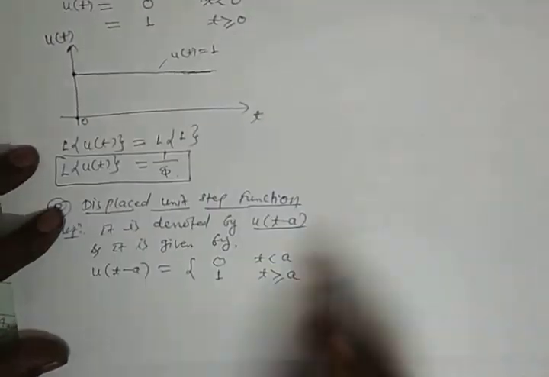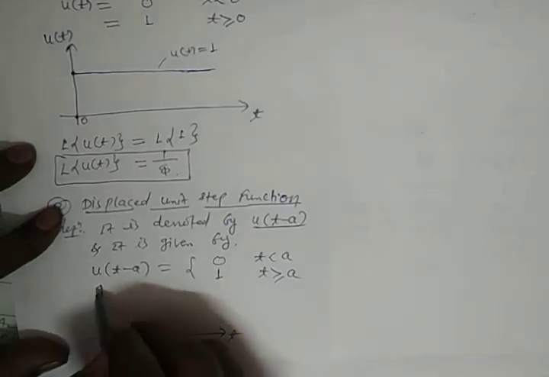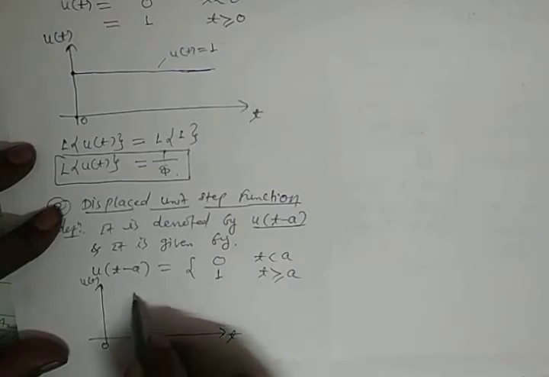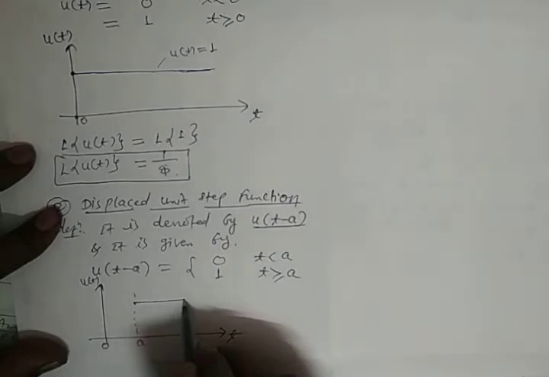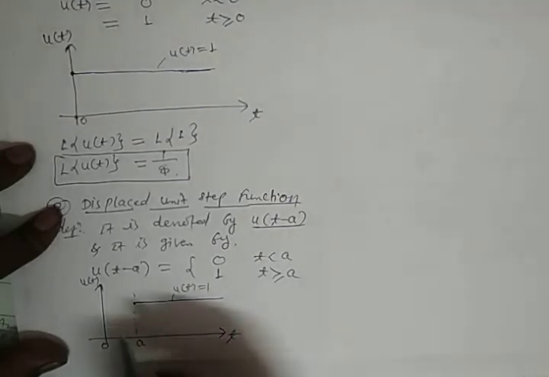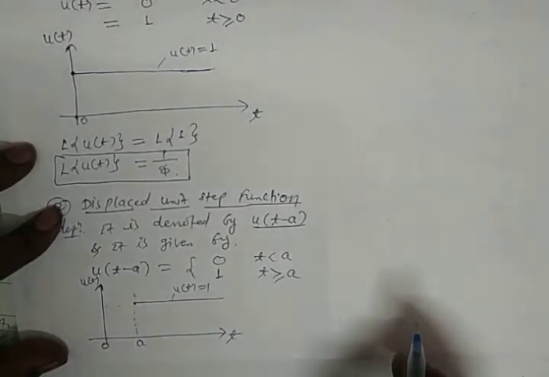In the graph you will understand clearly. This is t and this is u of t. Here this is 0, but this function starts from this a and goes up to infinity. Its value remains unity, but before that there is no function. So this is the displaced unit step function.